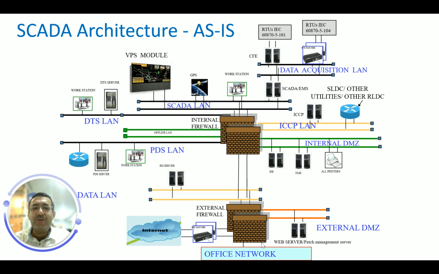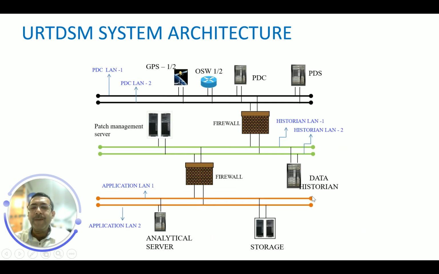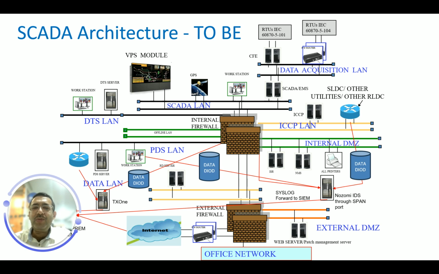What we did, in this smaller version of the earlier diagram, is show the different layers, starting from the data collection layer, the historian layer, and the application layer, and how they are positioned. We positioned multiple things.